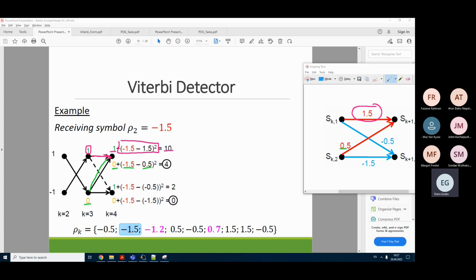So we calculate the remaining metrics in a similar manner, and again choose from two incoming paths only one which will survive, and the second one will be eradicated.